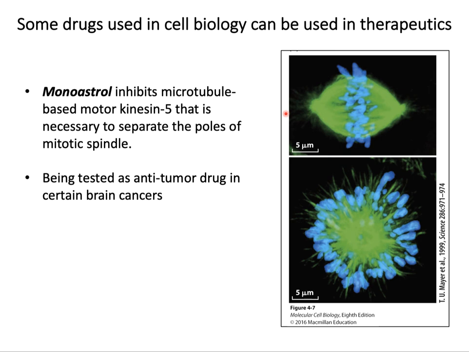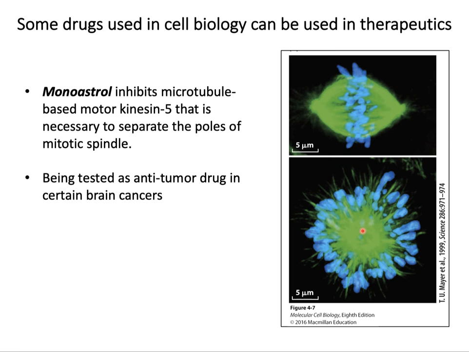The drug monastrol inhibits the kinesin 5 motor protein and the mitotic spindle cannot be formed. This process will halt the cell cycle and the cell will stop dividing. This is why the drug is being tested in certain tumors to halt cell division.